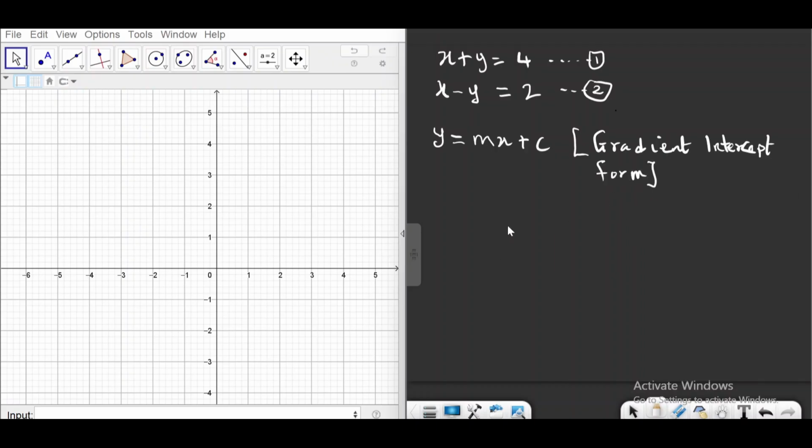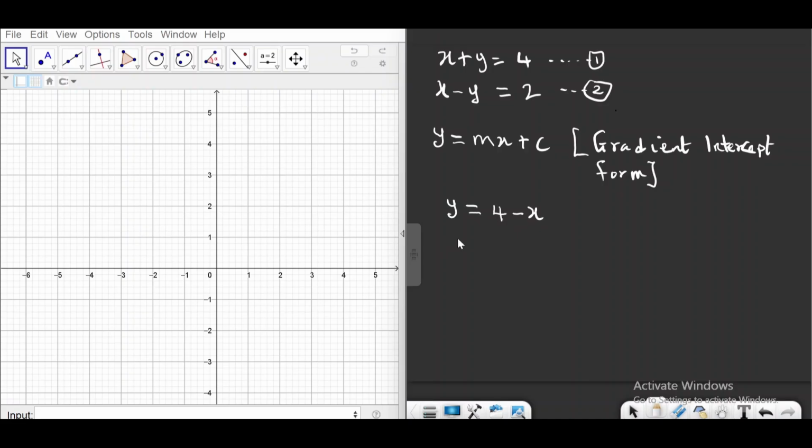Okay, so I'll go to equation 1. What it means to put it in the gradient intercept form is to make y the subject of the formula. So I will now write y equals 4 minus x, or I can also say minus x plus 4.